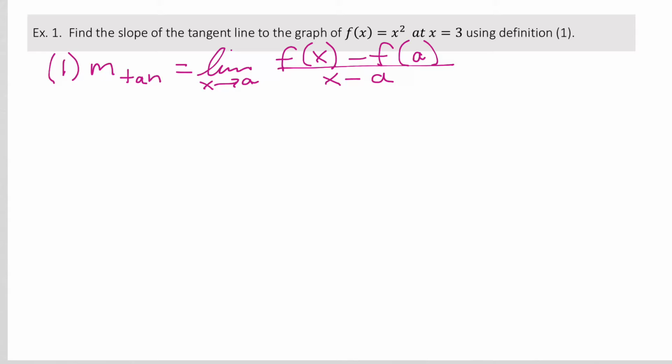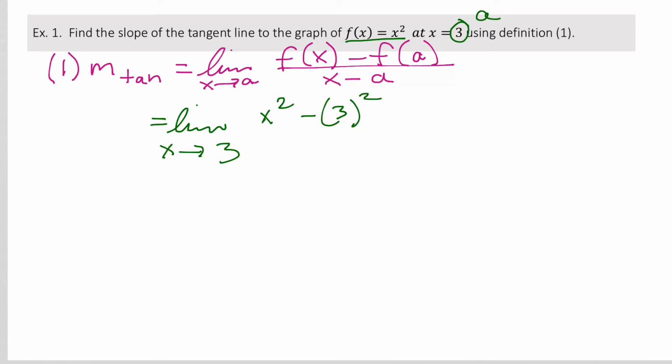So we're going to say equals the limit as x approaches 3, which is our x value of interest, and we call that a, of f of x, that's x squared, minus f of a, which means I substitute 3 where the x is, and then I've got x minus 3. x squared minus 9 over x minus 3.